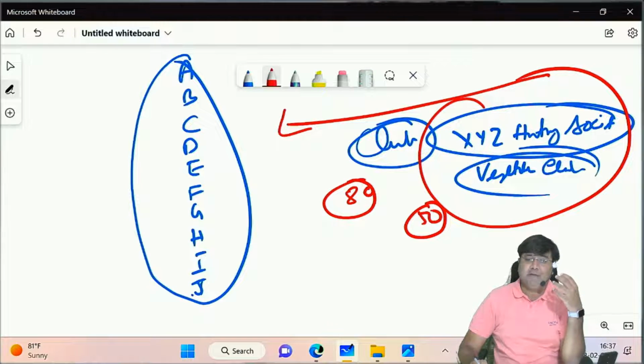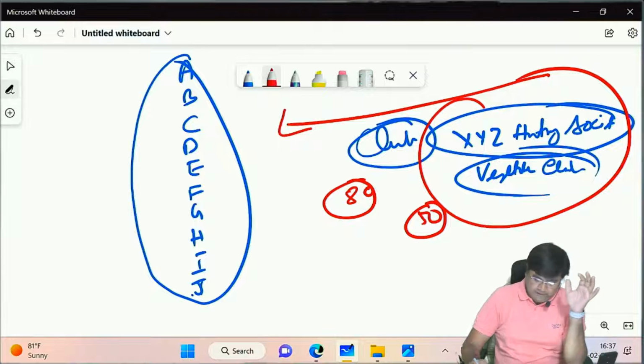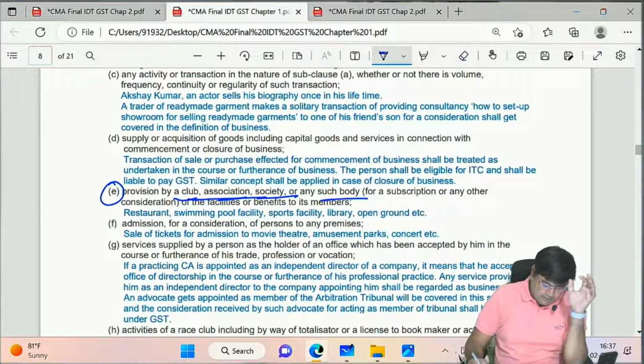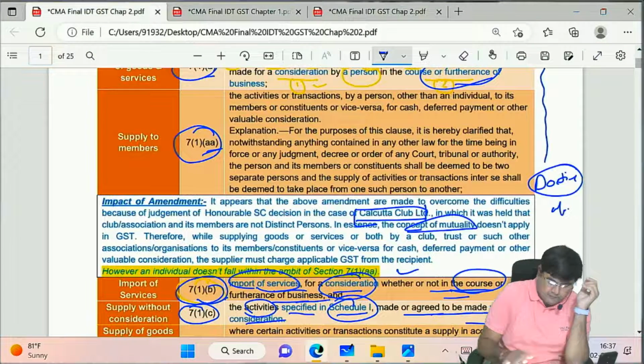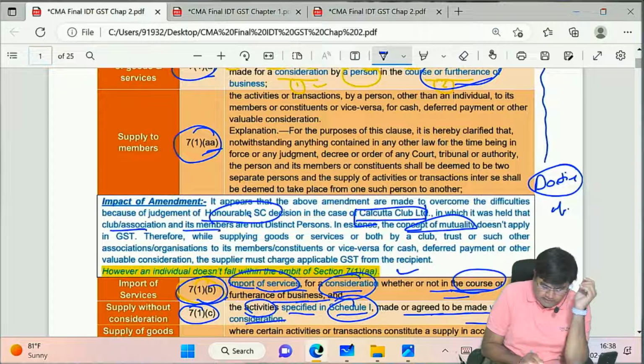So the government, after introduction of GST, in fact carried out an amendment in the Constitution of India, but that was not sufficient. So finally, in 2021, the Calcutta Club Limited decision came, where the Supreme Court said that a club or association and its members are not distinct persons.